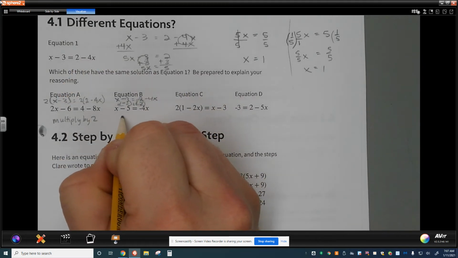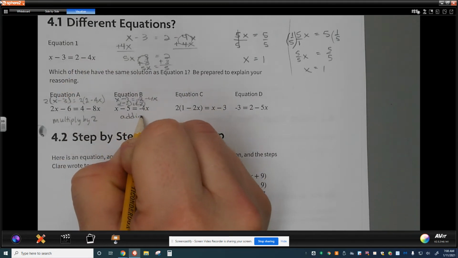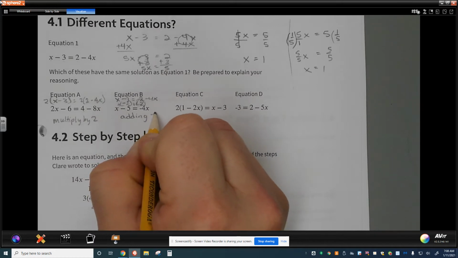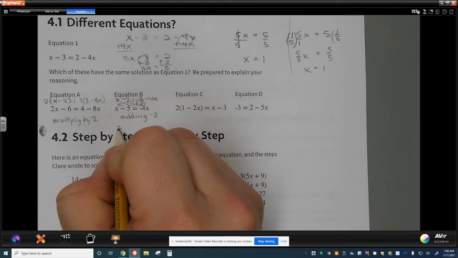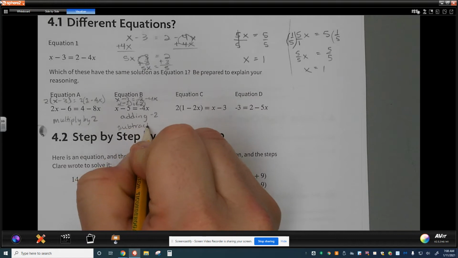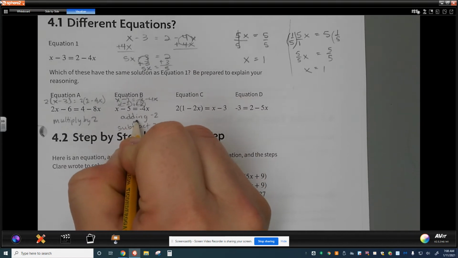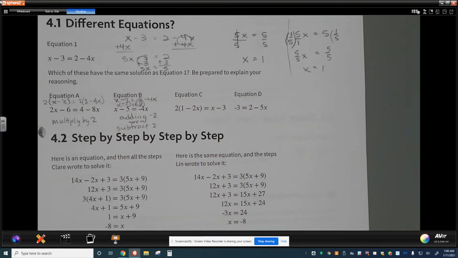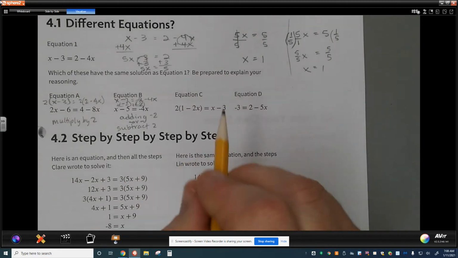We do this by adding -2, or we can just simply subtract 2 from either side. So these are the exact same things. Add -2 or subtract 2 are the same exact options.